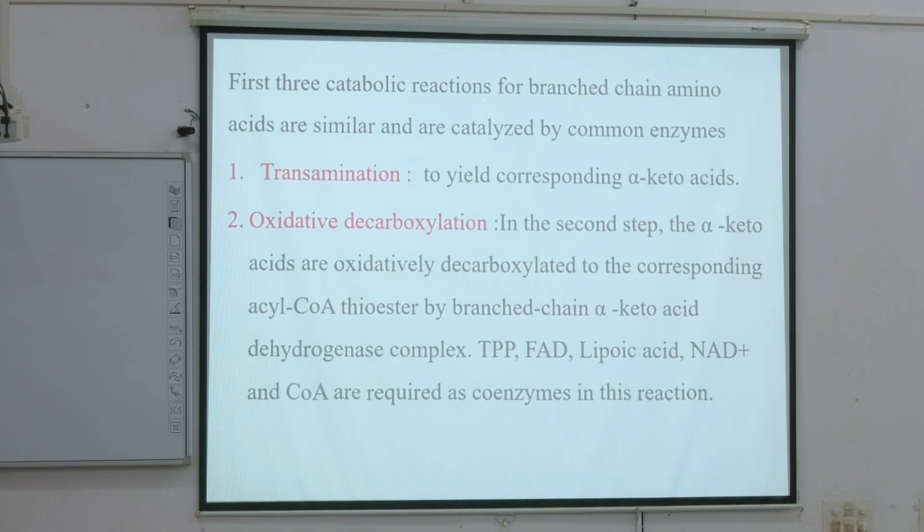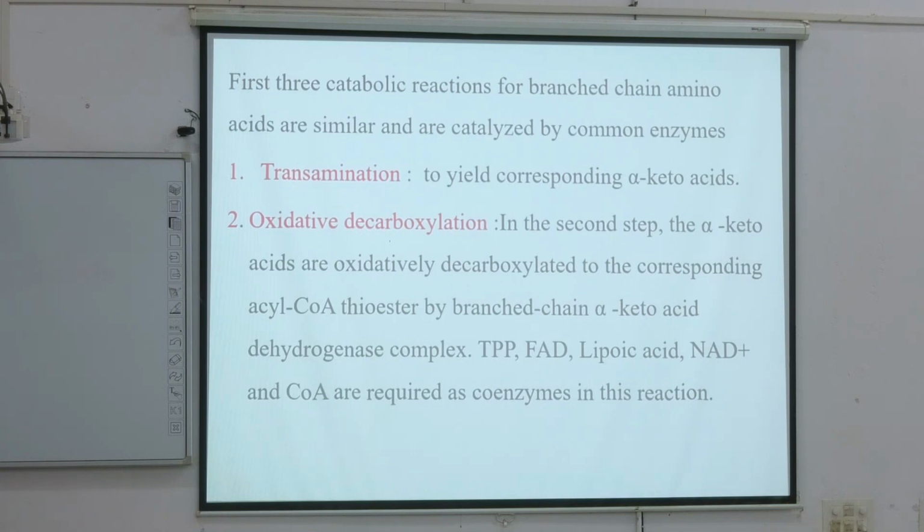Firstly, the catabolic reactions for branched chain amino acids are similar, catalyzed by common enzymes, that is transamination reactions. What is the motto of this reaction? To produce alpha keto acid.